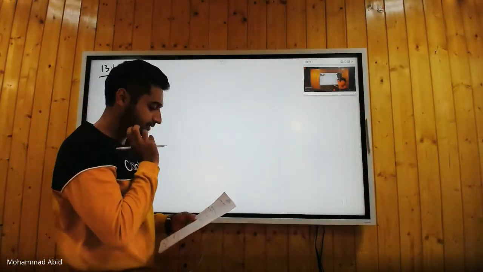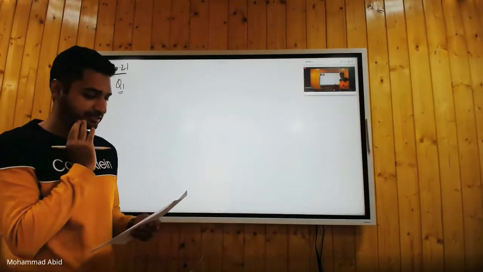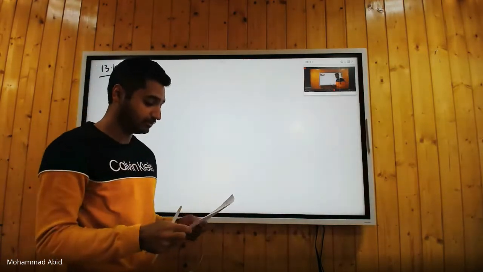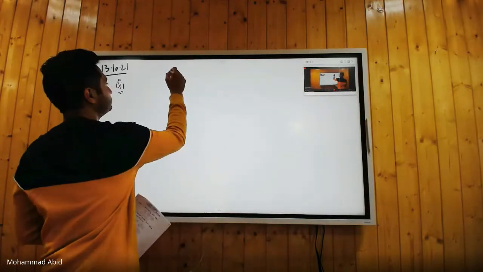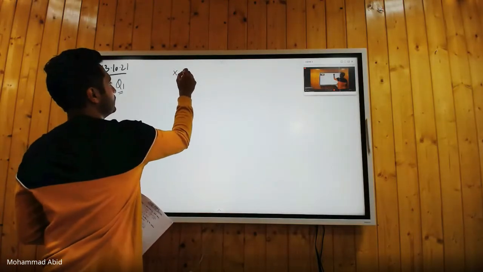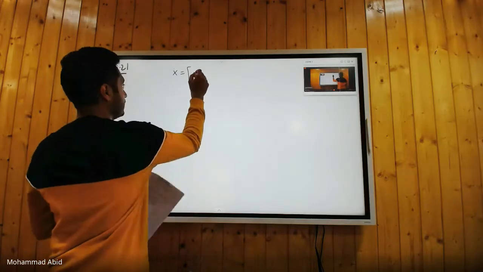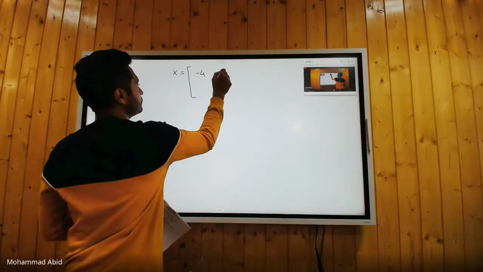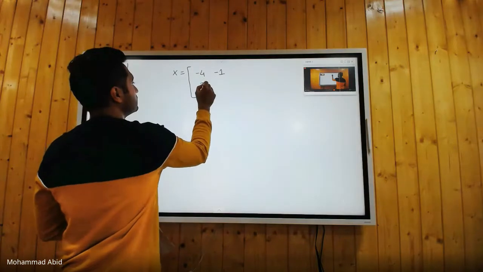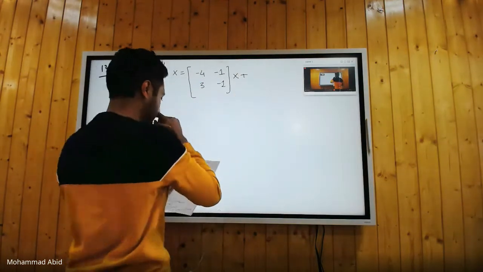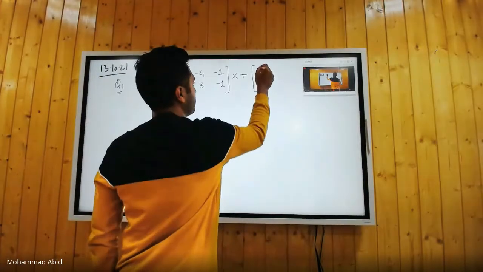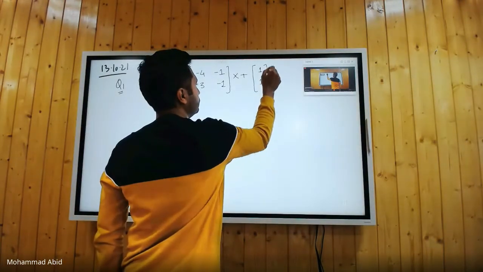Question first says a system is described by the state space given as follows. Find the transfer function of the system. Let me write the matrices. X dot equal to [-4 -1; 3 -1] x plus [1; 1] u.